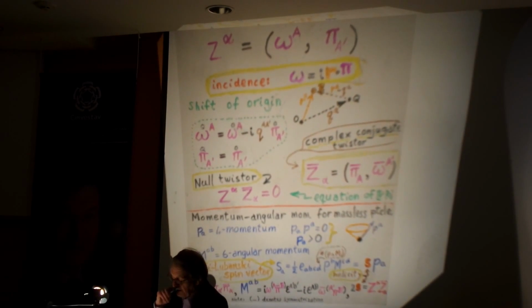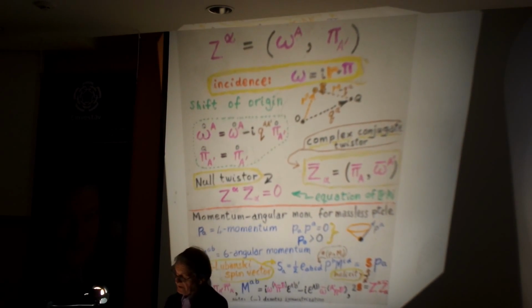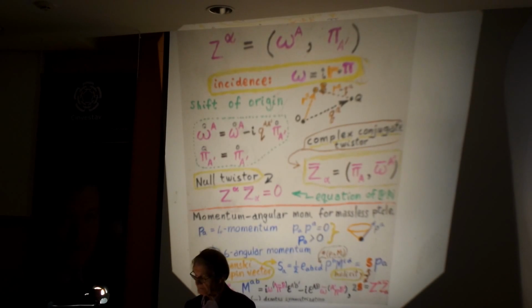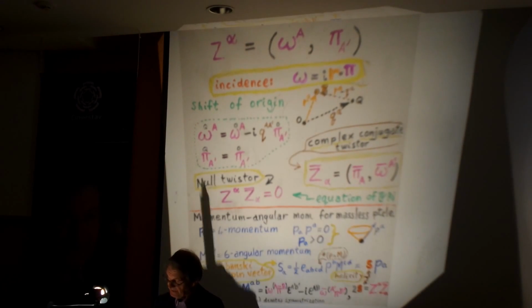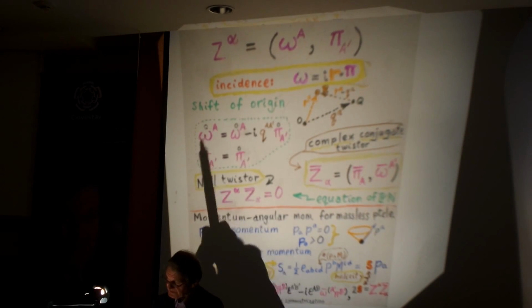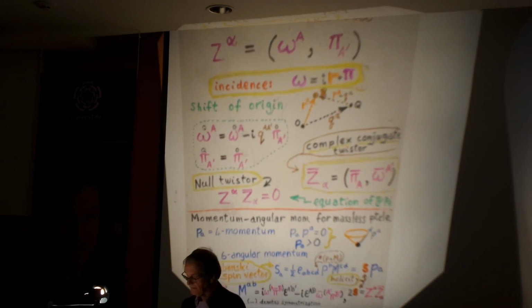When you move the origin, the pi's remain fixed. Free vector, free space, right? They're independent of the choice of origin. But the omega does change with this explicit formula here.